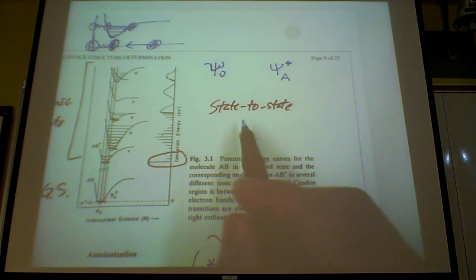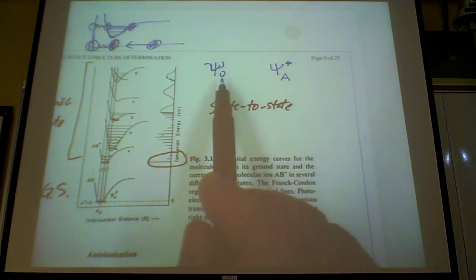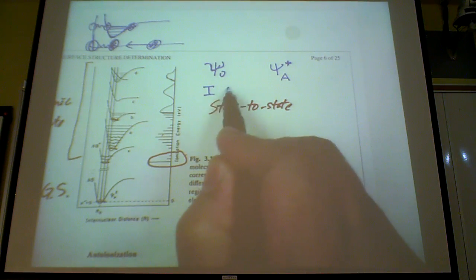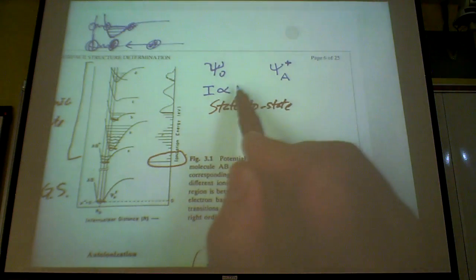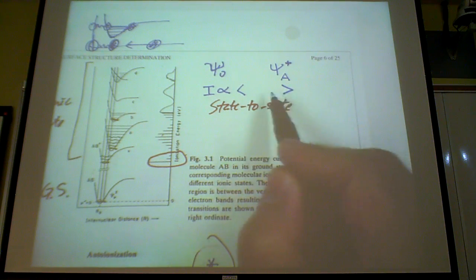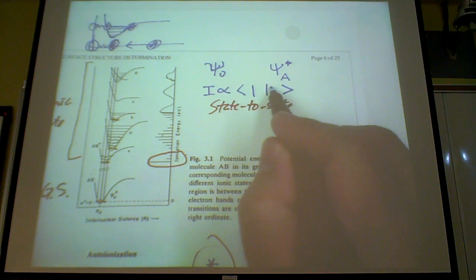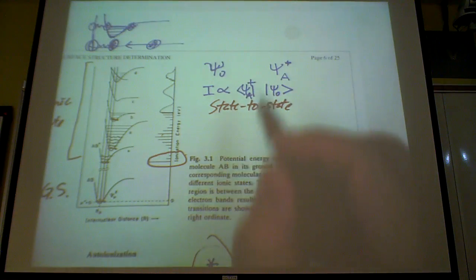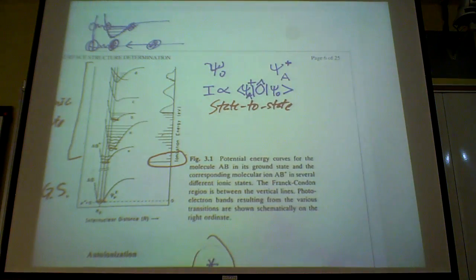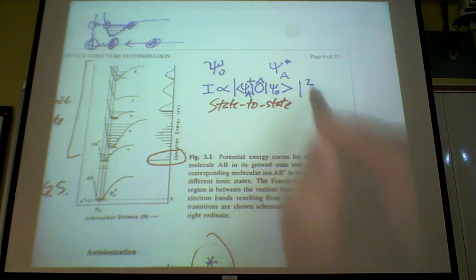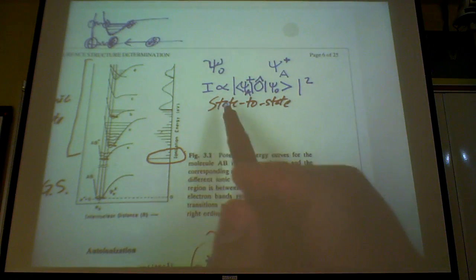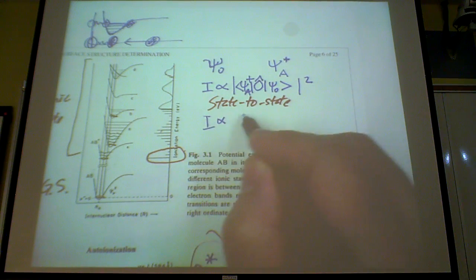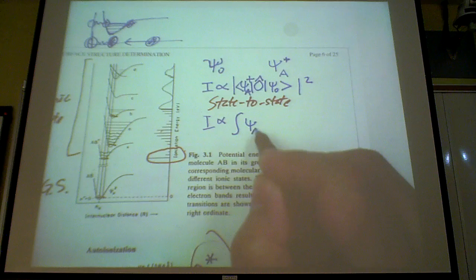In quantum mechanics, you write the probability of making a transition from here to here, and the probability will be proportional to, you write it this way, a wave function psi naught, psi A star, and some operator in the middle, all squared. Okay? If you like, I can rewrite this. If you don't know it, this is Dirac notation. You can write it as an integral, right? Think of it as an integral like this.